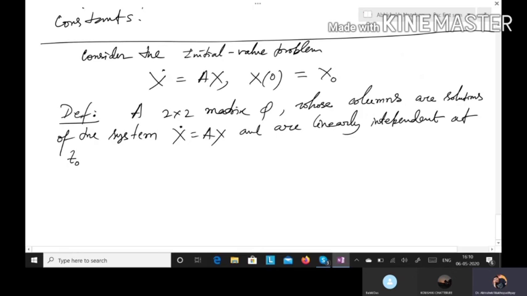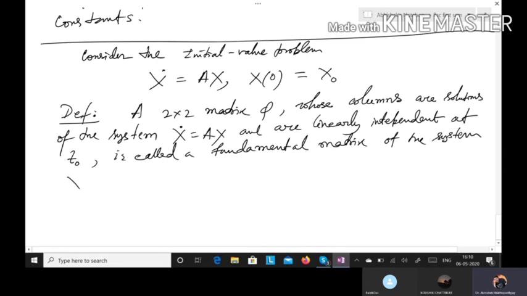So it is called a fundamental matrix of the system x dot equal to Ax at t0.